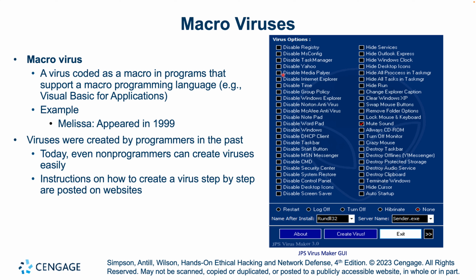Once you select your options here, you click create a virus, and you will have a file. And then it's up to your social engineering skills. You could try to lure the target or the victim into clicking on the file.